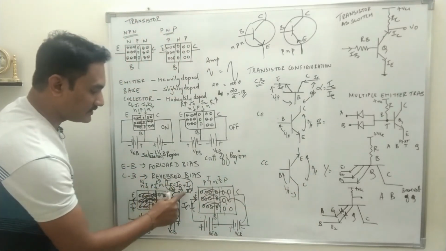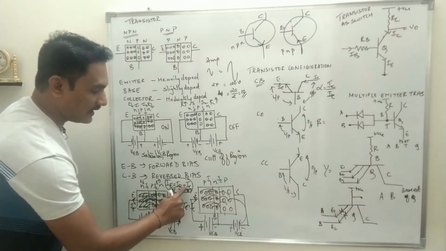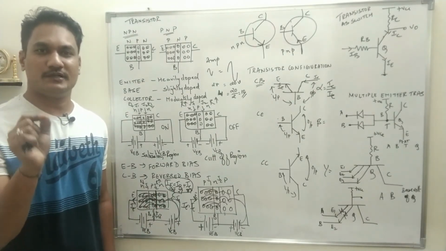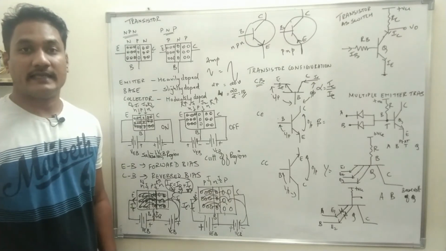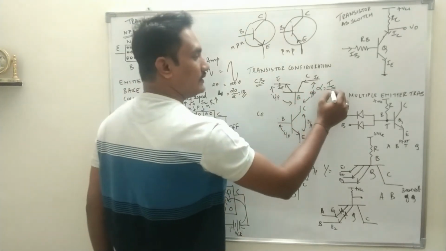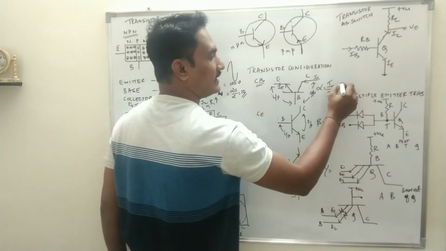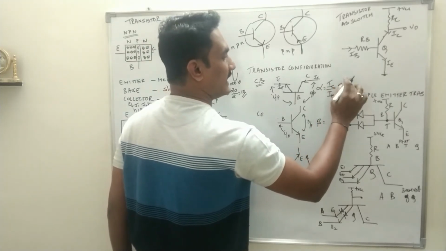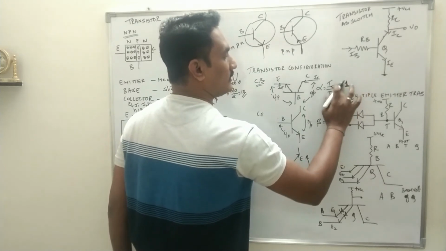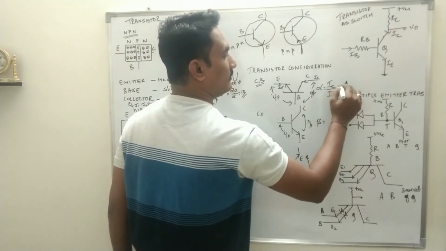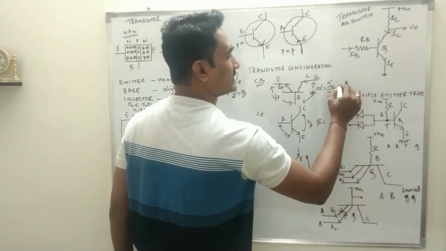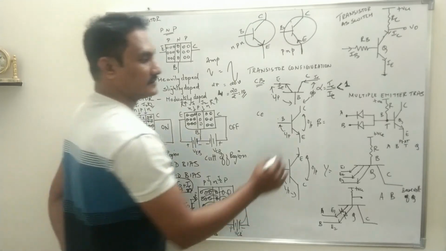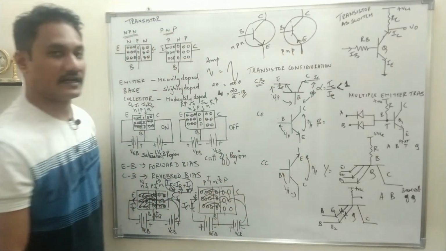Now from the equation IE equals IB plus IC, IC will always be a little bit less than IE, so IC upon IE will always be less than 1. Alpha will always be less than 1, so it cannot be used as a current amplifier.